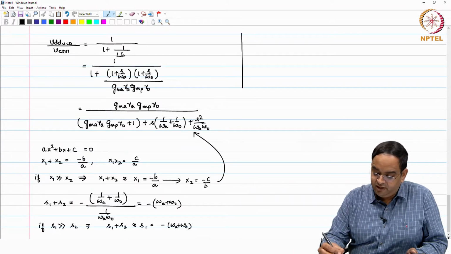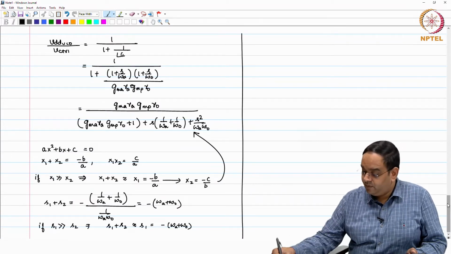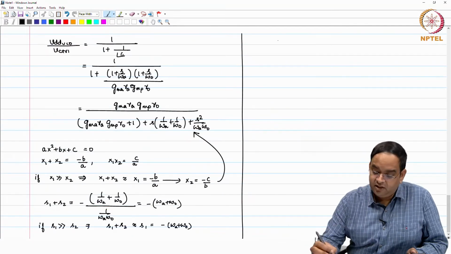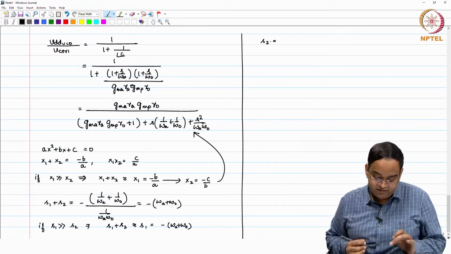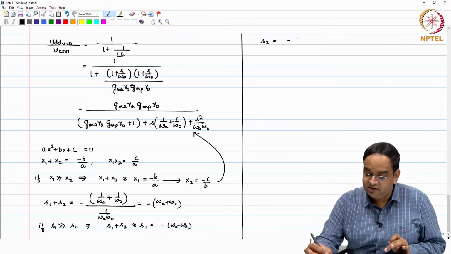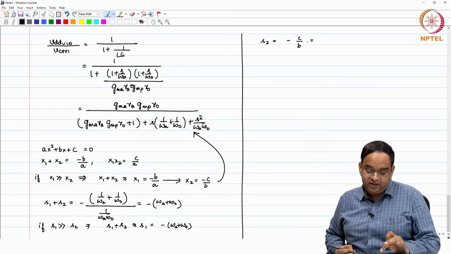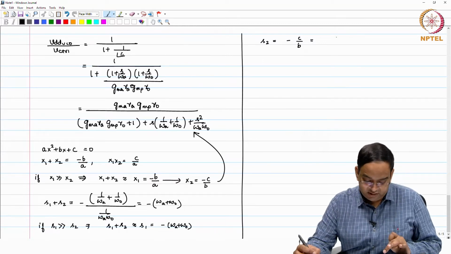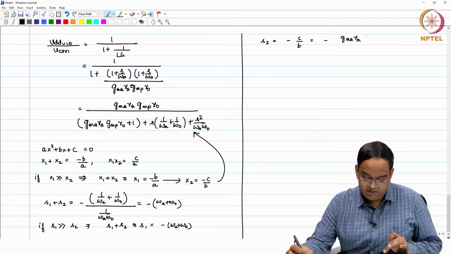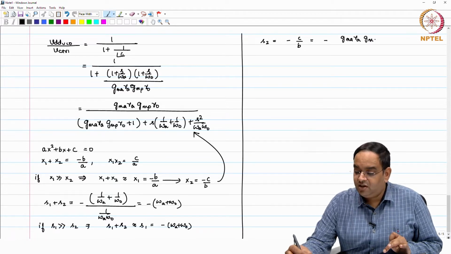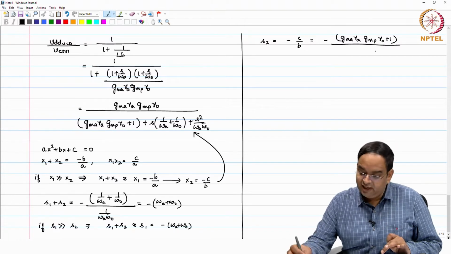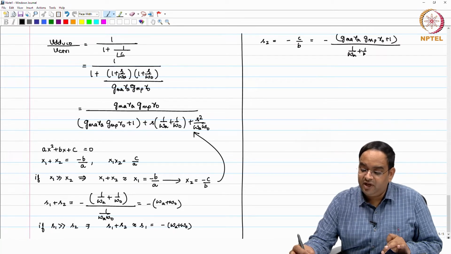This is just an assumption here, and by using the same logic, the S 2 pole is equal to minus c by b, and what is minus c? Minus c is GMA RA times GMP RO, plus 1, I will neglect that plus 1, and this whole divided by 1 by omega a plus 1 by omega o.